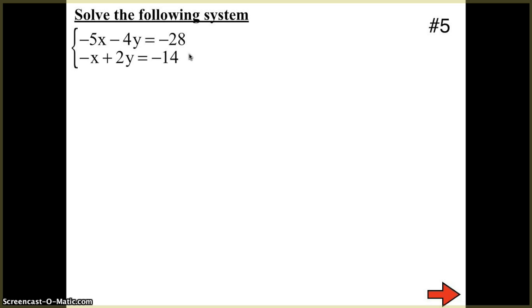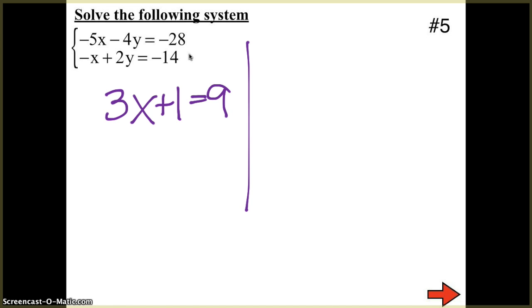So let me give you a quick example so you can follow along with me. If I am given something like 3x plus 1 equals 9 versus negative x plus 1 equals 9. Notice these problems are almost identical except one has a coefficient of 3 and the other coefficient is a negative 1.